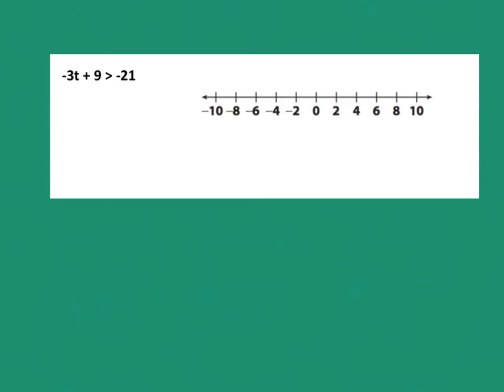The second example, again, I'm going to first look at the variable. It says negative 3t. Because this is a negative variable that I'm going to end up dividing by, that means I need to flip the inequality sign when I get ready to solve.